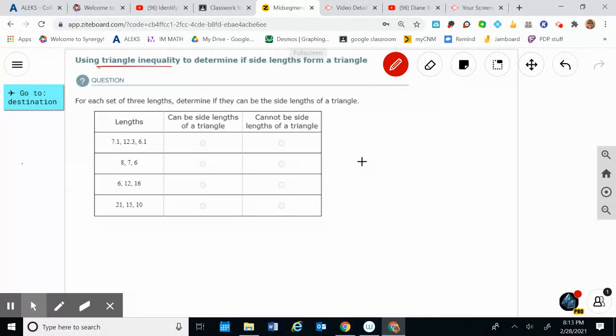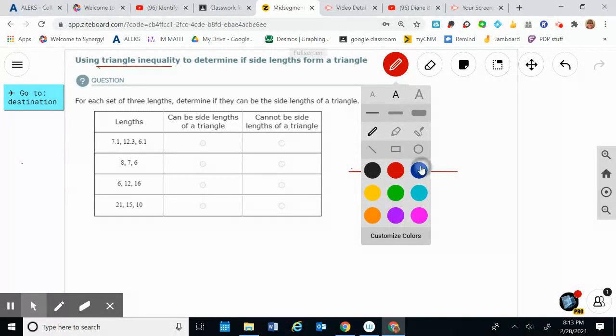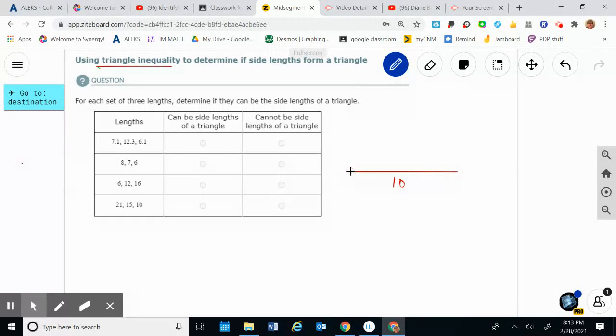So basically think about this. If you had a triangle, and let's say the bottom was 10, what do you know about the sum of the other two sides? So imagine what's the smallest triangle I could possibly draw? Possibly here. Maybe I could have drawn something a little smaller, but I tried.